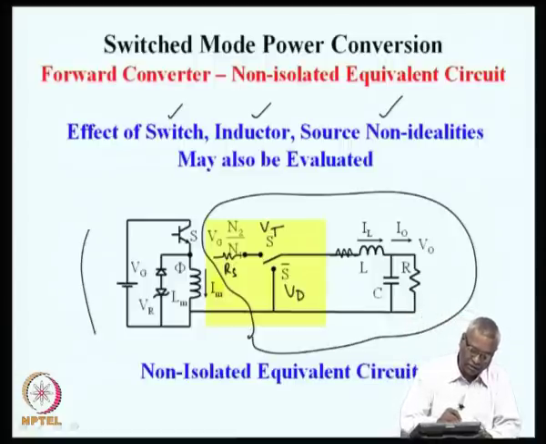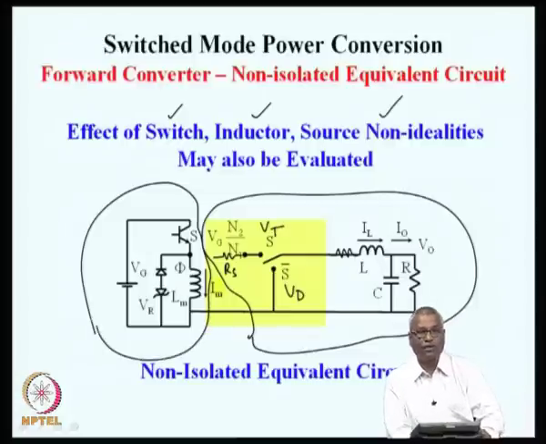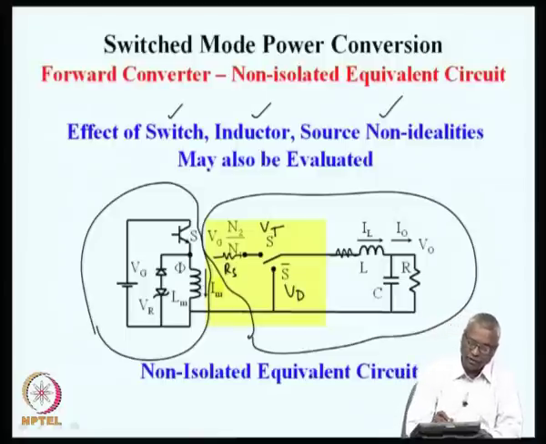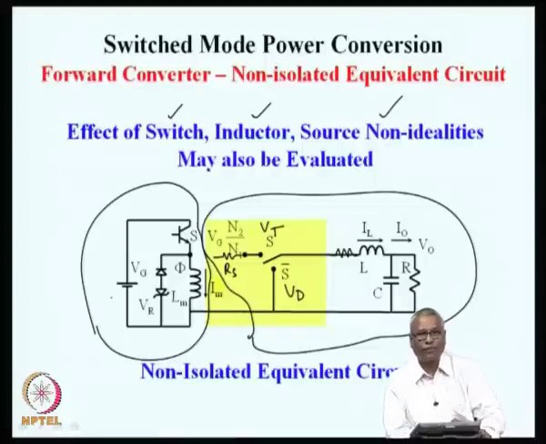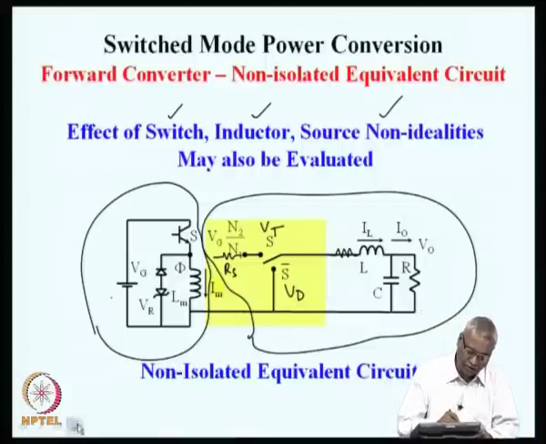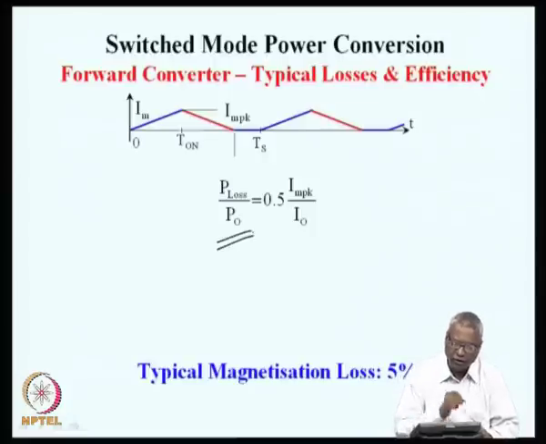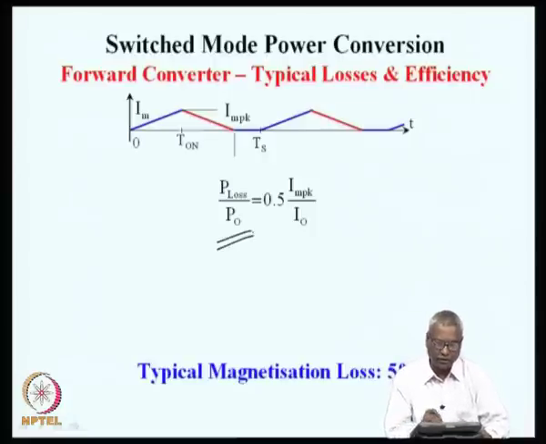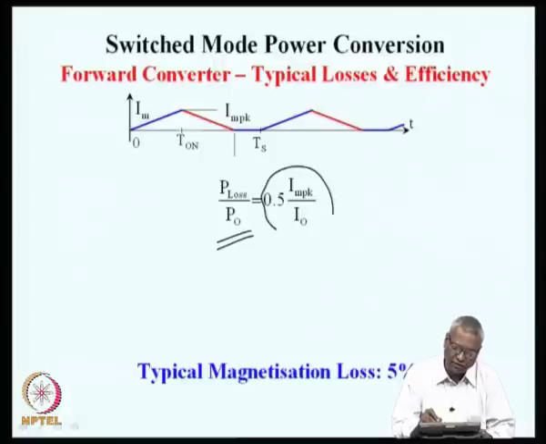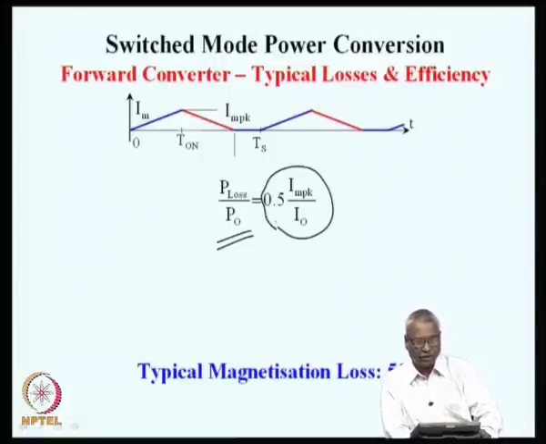And the loss in the magnetic circuit can be separately analyzed by this simple idealized circuit, where the magnetizing inductance is charged by Vg and discharged by Vr. This is a fairly simple method of doing the complete steady state analysis. And we saw that the loss on account of magnetization is 0.5 times peak magnetization current divided by the load current.